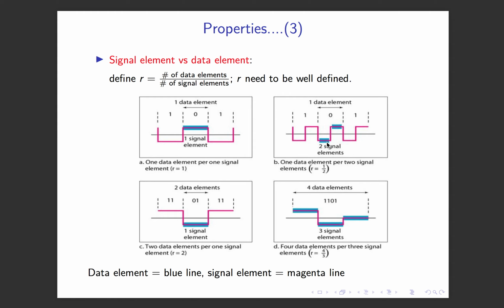So both the sender and the receiver must know the R of the design. If the receiver knows the R of the entire design, then the receiver can detect how many data elements are enclosed in how many signal elements. That makes readability easier.